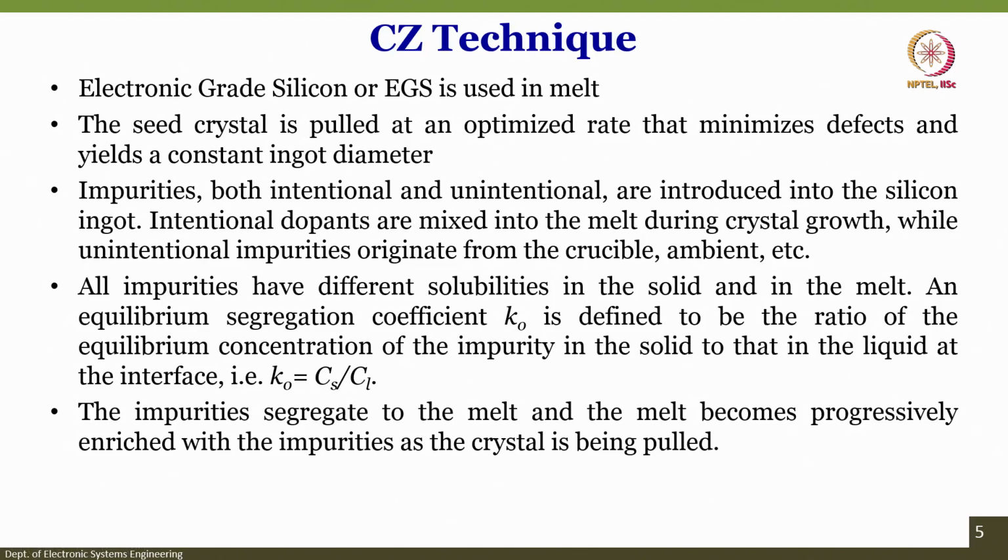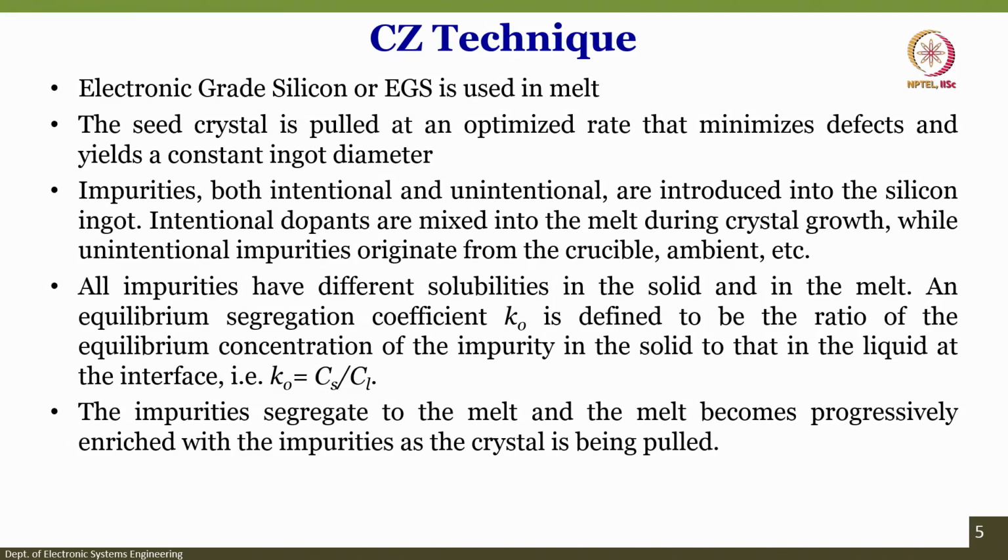Now, you have understood extrinsic and intrinsic semiconductors. Intrinsic semiconductors are semiconductors where there are no contaminants, but when you intentionally contaminate the wafer by doping it, it becomes an extrinsic semiconductor. Impurities, both intentional and unintentional, are introduced into the silicon ingot.